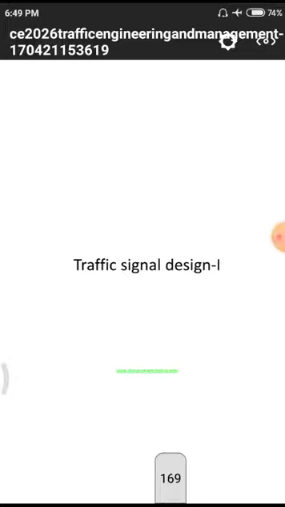Today we will discuss traffic signal design. Normally these traffic signals are used in different cross sections of roads for controlling traffic jams, because different roads have different capacities.